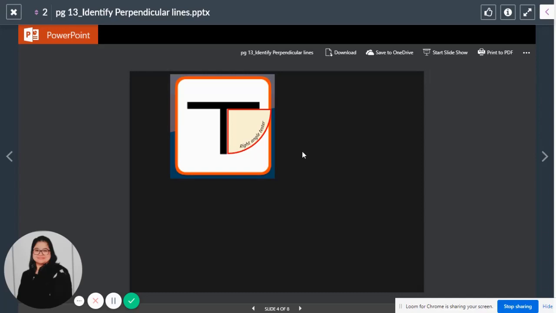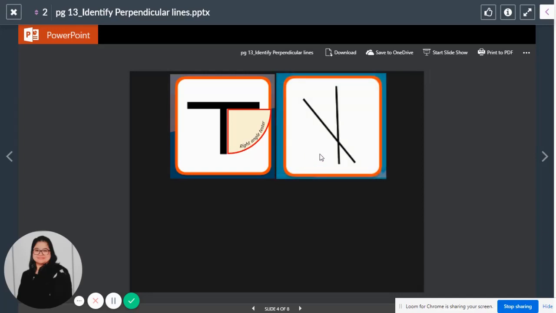Now let's take another set of lines. Now we have these two lines. They are crossing each other at this point and they have formed angles over here. Alright, now let's see whether any one of these angles is a right angle or not. So we use a right angle tester, we place it exactly on one side of the line, okay, and then the vertex is exactly fitted into this angle.